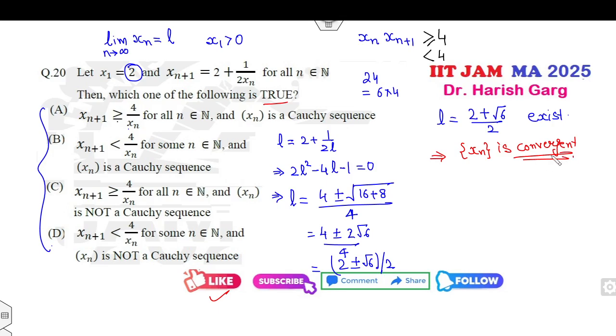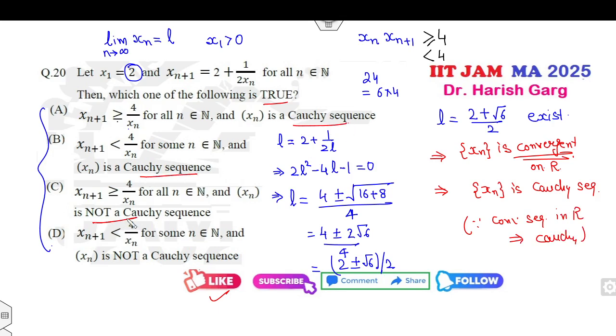Now if the sequence is convergent on R, it means the sequence is a Cauchy sequence. Why? Because we know that a convergent sequence in R implies a Cauchy sequence. So that means the sequence is Cauchy.